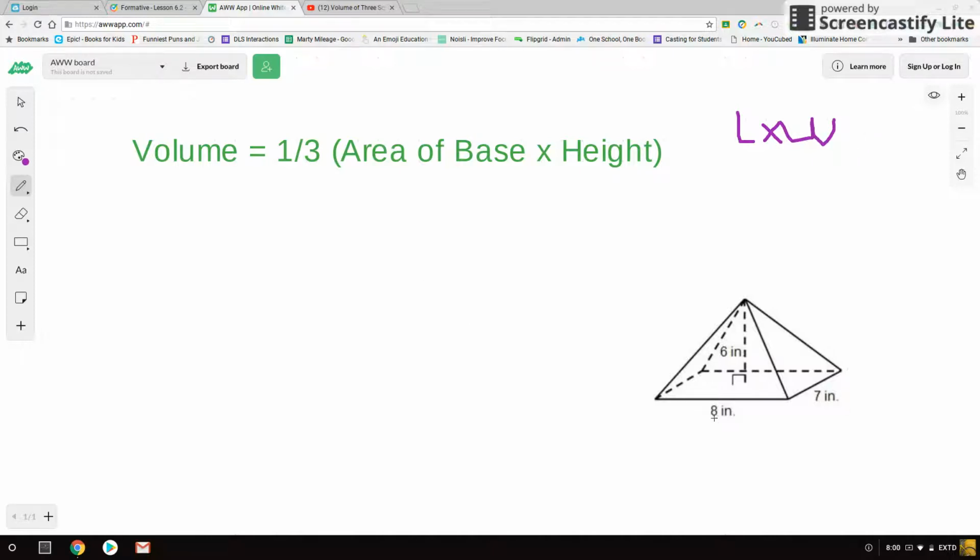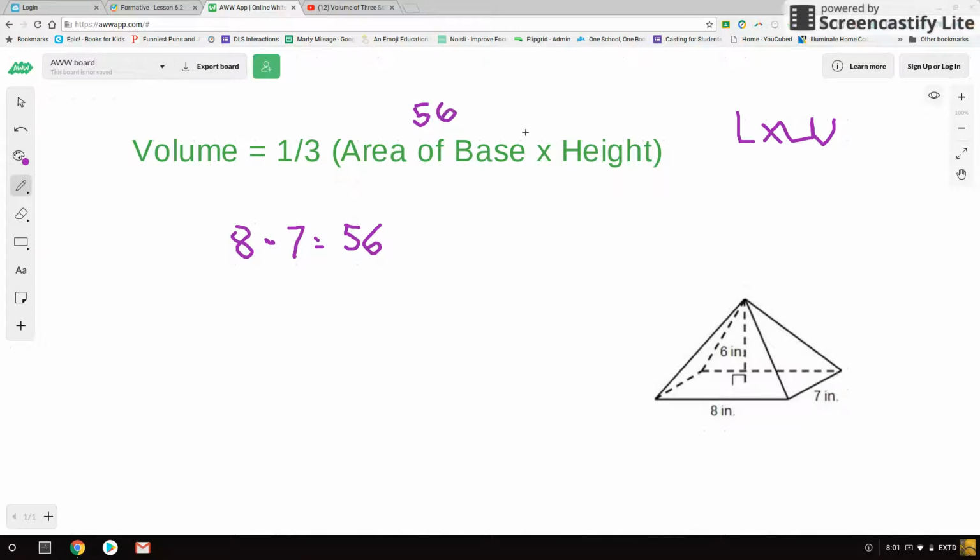So I can see that that would be 8 times 7, because that is the length of the side times the width of the side. And we know that 8 times 7 equals 56. So that fits into my equation. The area of the base is 56.